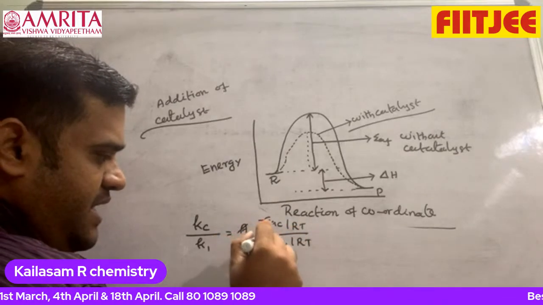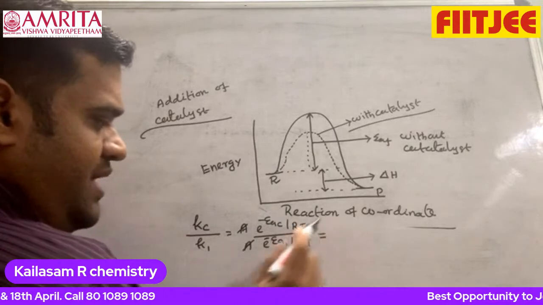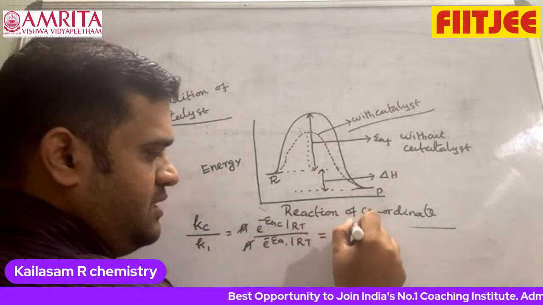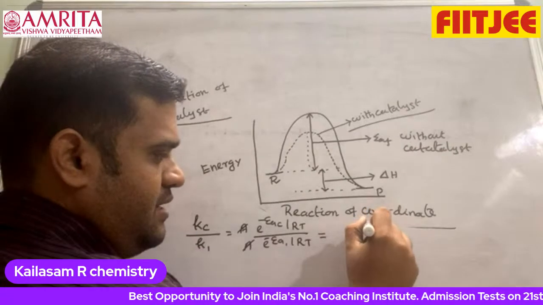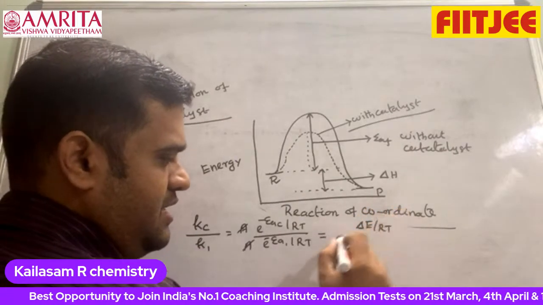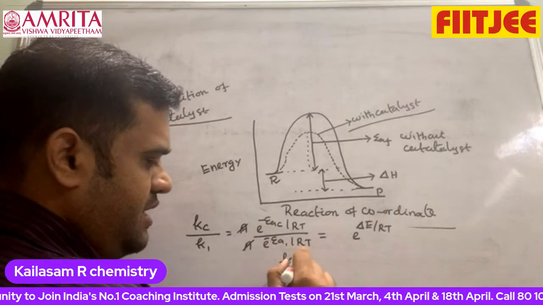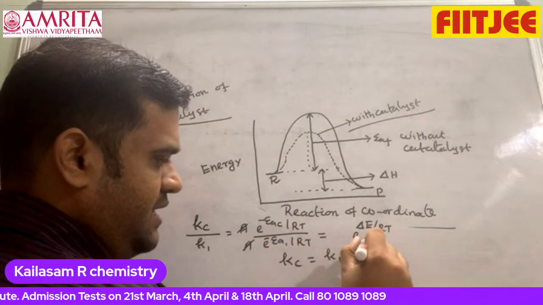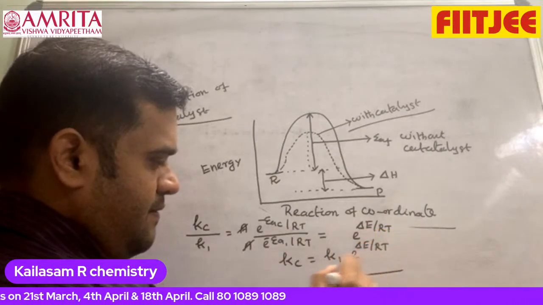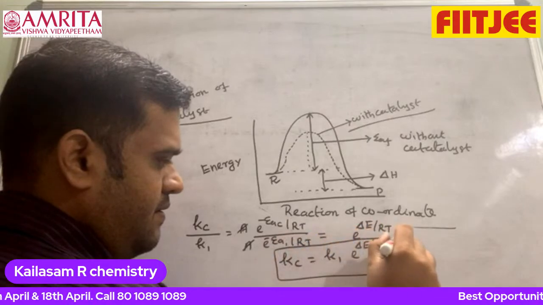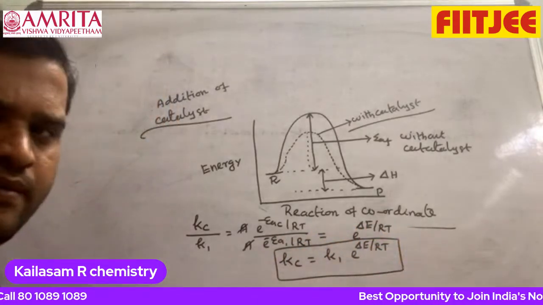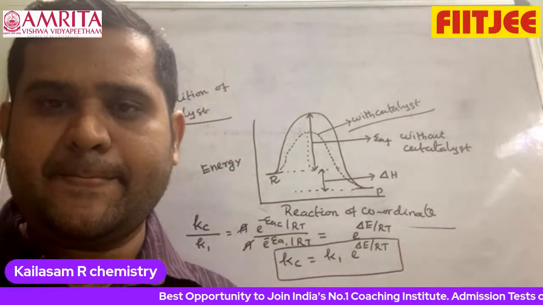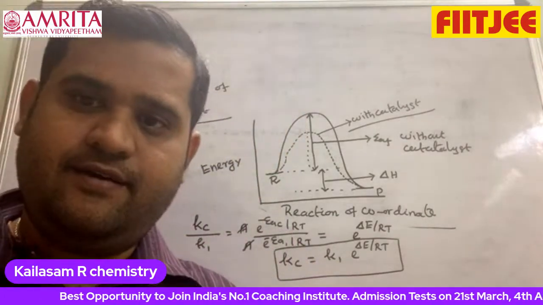Now when I add the catalyst, what is going to happen? The energy of activation decreases. Now I can write the difference as e power delta E by RT. Therefore, Kc is equal to K1 e power delta E by RT. This is what you may expect in this type of question.